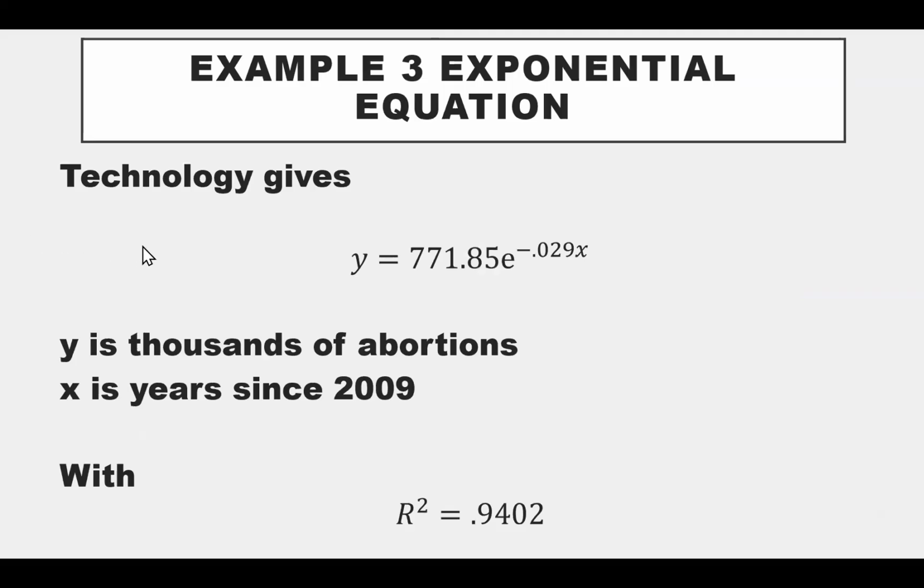So that's what we get through technology. We get this exponential equation. Y is number of abortions in thousands. X is years since 2009. And we also get this correlation coefficient value, R squared value of 0.9402.